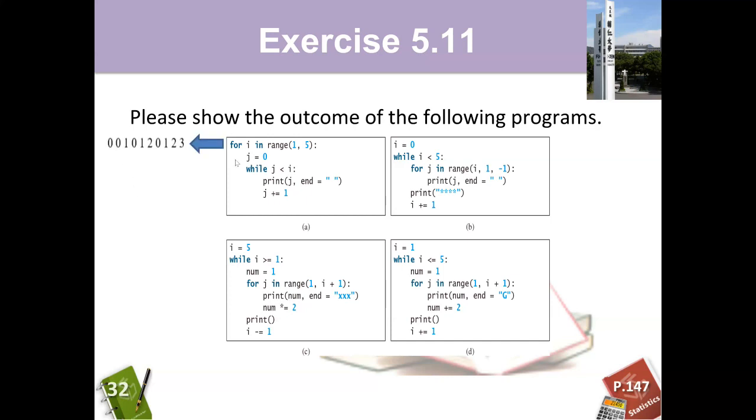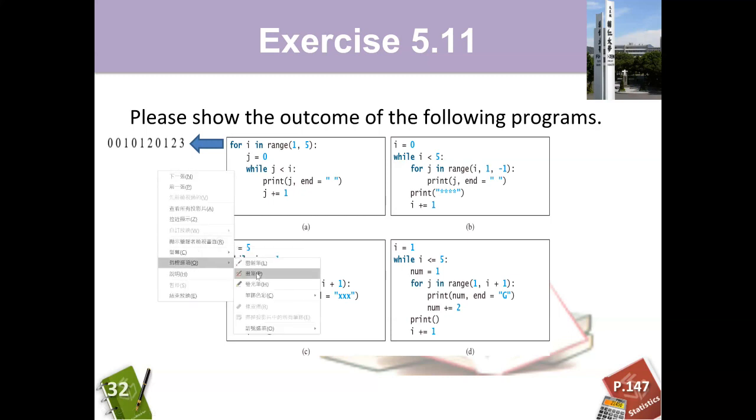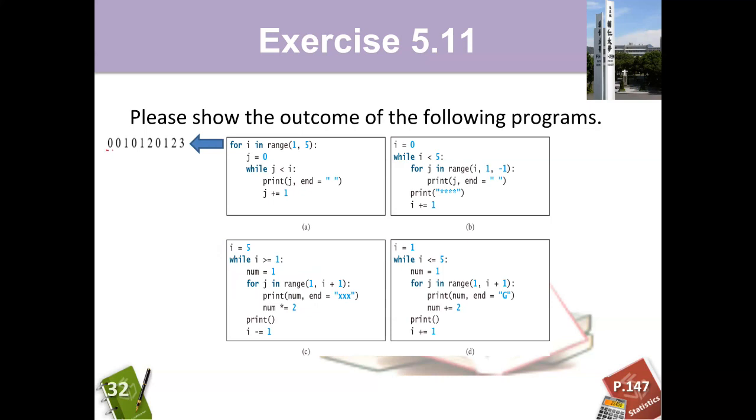First is 0 when i is 1, right? And the second one, when i equals 2, we will print 0, 1. So this is for i equal 1, and this 0 is j, because j is 0, so print j.